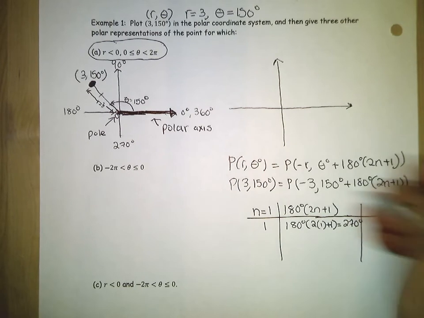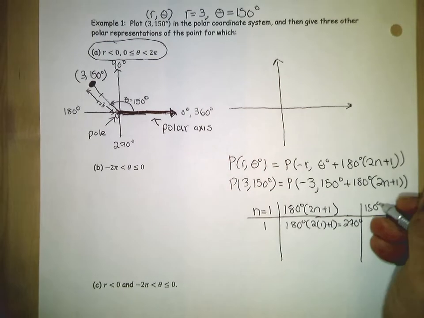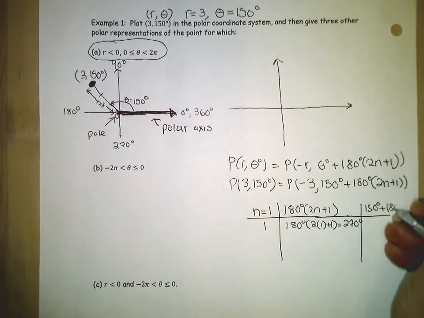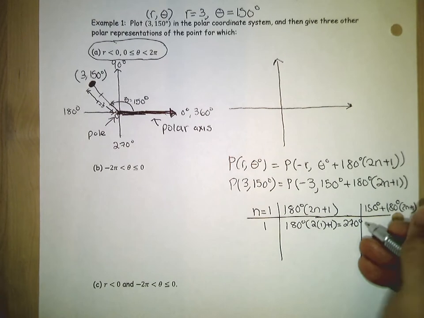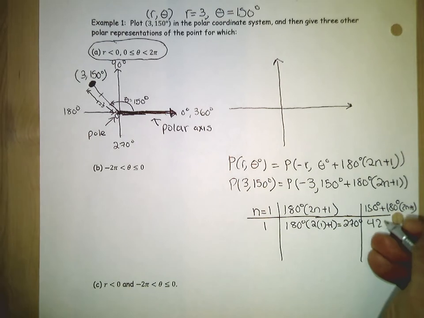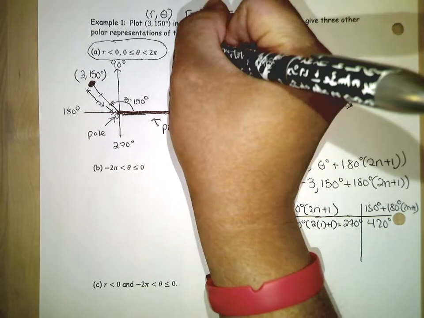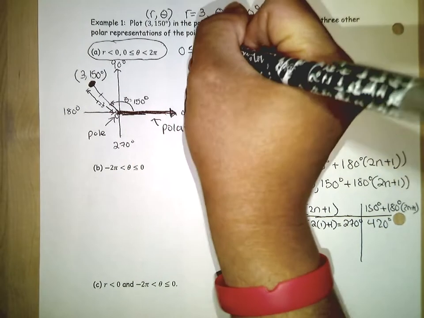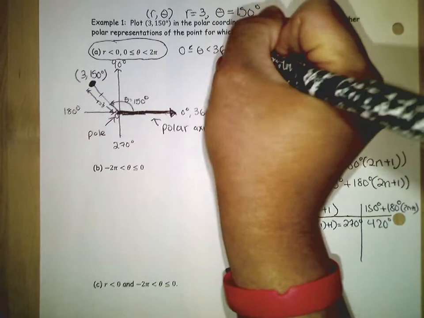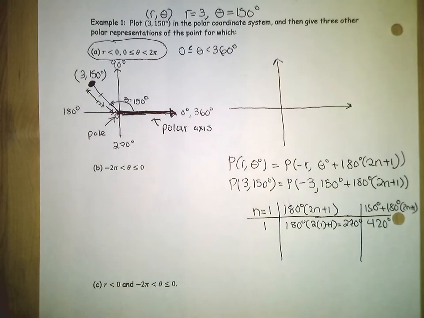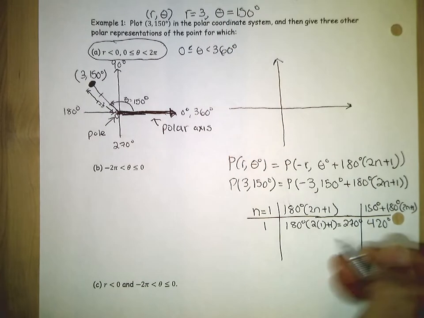If I add that to the 150, 150 degrees plus 180 degrees times 2n plus 1, that will be 150 plus 540 degrees, that's 690 degrees. But remember, we want something between 0 and 2 pi, or 0 and 360 degrees. So that means we need this number to go lower.